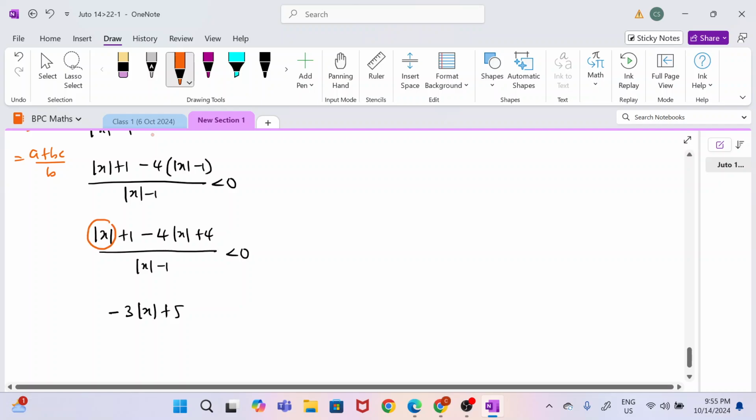Yang ini dengan yang ini boleh gabungkan jadi negatif 3/3 x. Hope you guys understand. This one here is 1/3 x, 1 mod x minus 4 mod x. 1 minus 4 becomes negative 3 mod x.